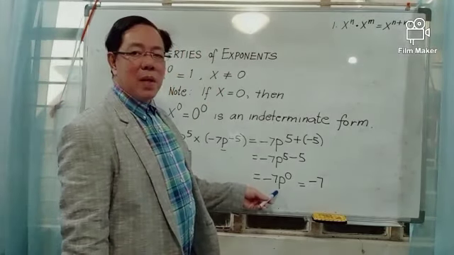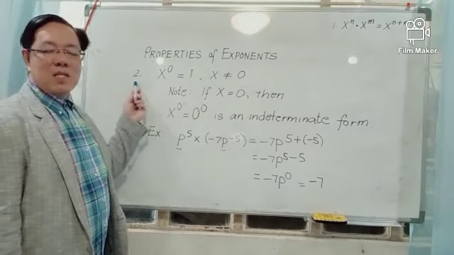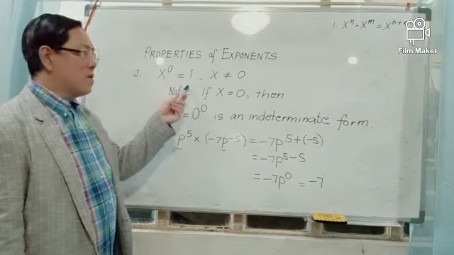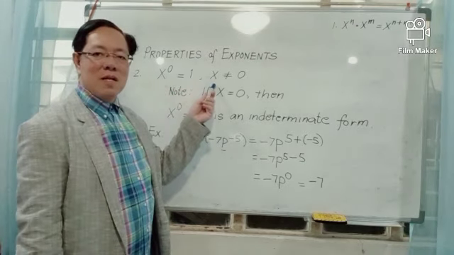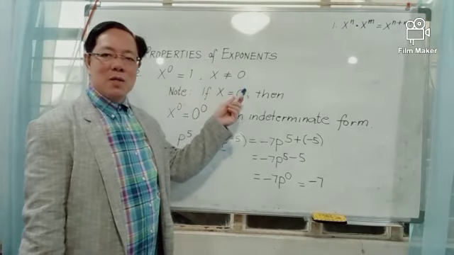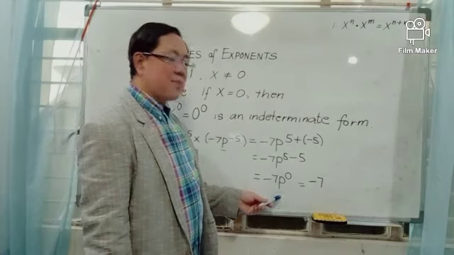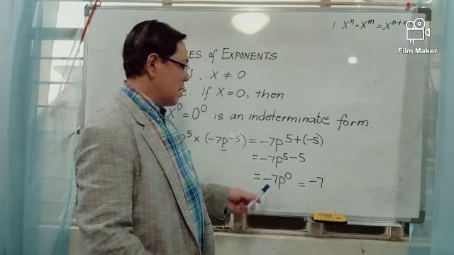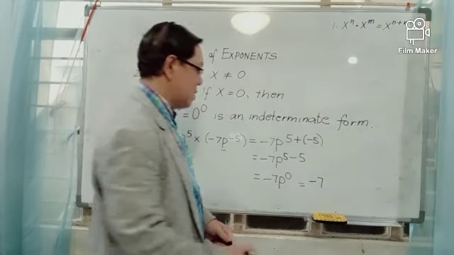Now, apply the second property of exponent that says a base to the power 0 is 1, provided that the base is not equal to 0. So we take p to the power 0 as 1, and we multiply it by negative 7.